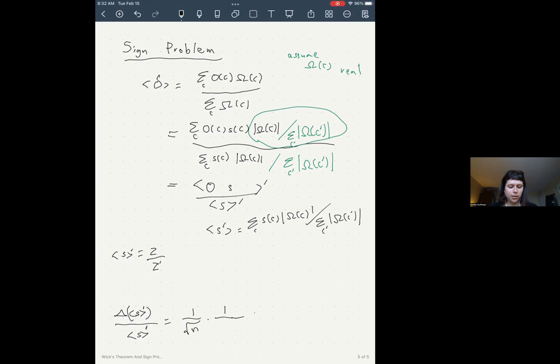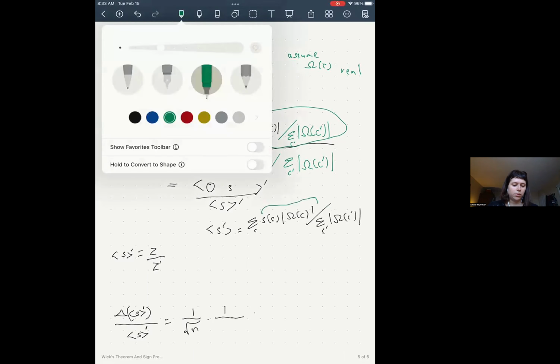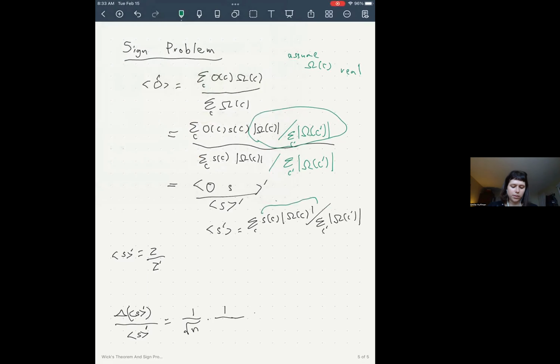But that actually ends up being the same as the partition function of our original thing, because this part is just equal to omega of C. So it's the sum over the omega of C's divided by the partition function of the new distribution, the bosonic distribution. Sometimes you can think of this as the fermionic and this as the bosonic distribution.